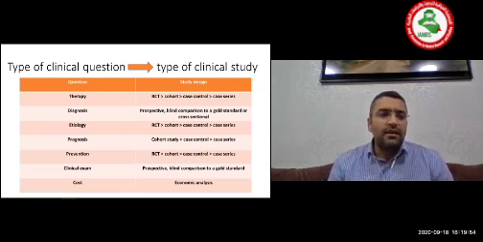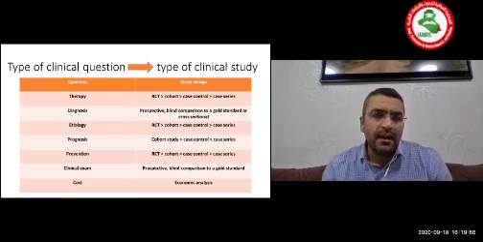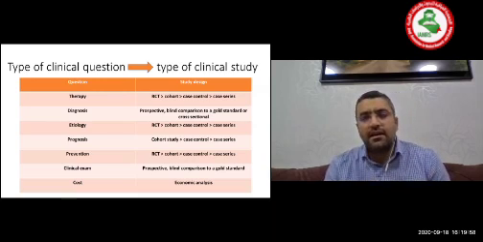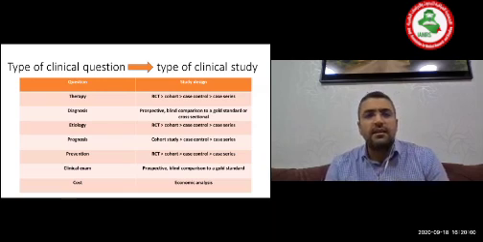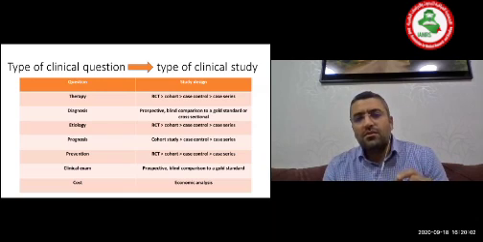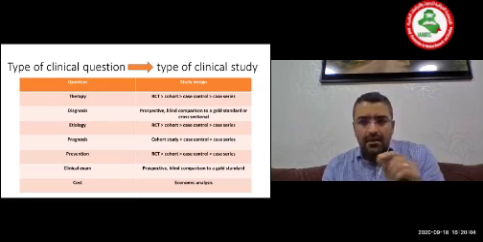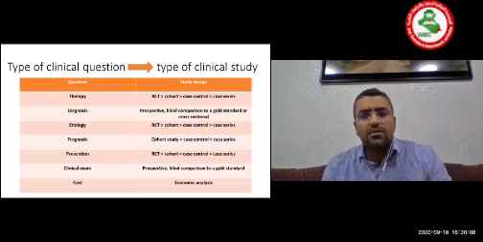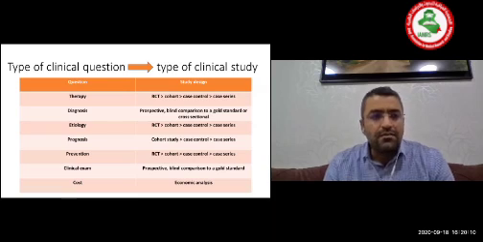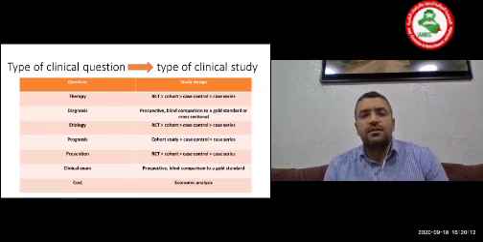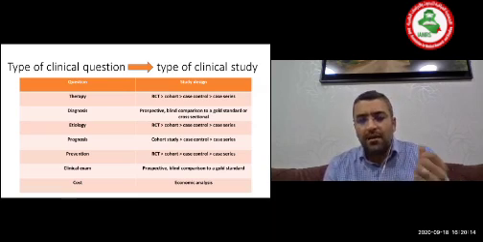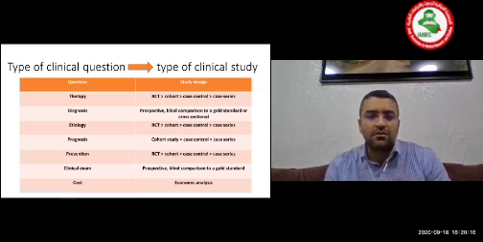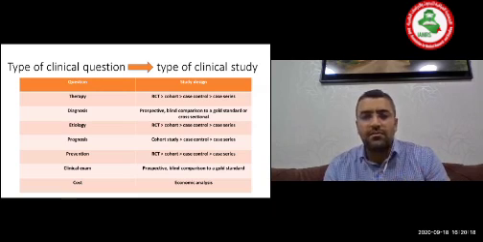If it was a diagnosis question, such as that with the COVID-19, the best thing to do is a prospective study, followed by a blind comparison to a gold standard or a cross-sectional study. If it was an etiology question, just like a therapy question, the best type of study is a randomized controlled trial, followed by cohort and so on.